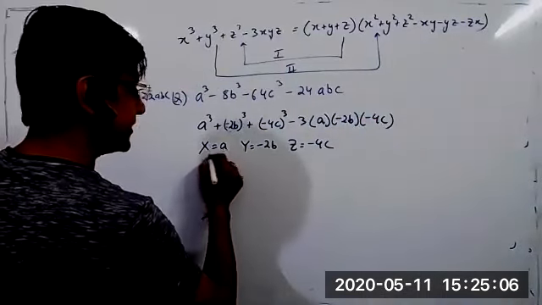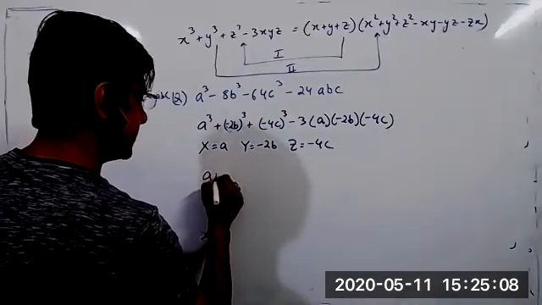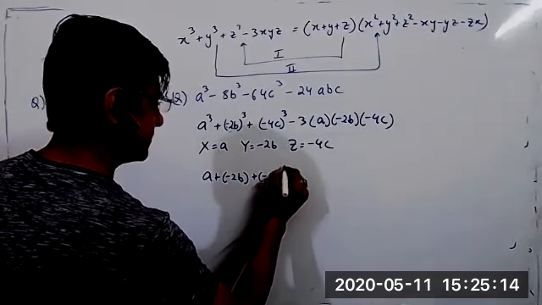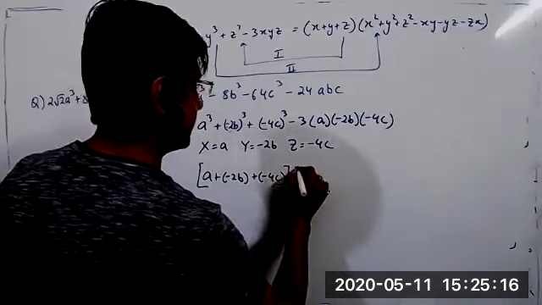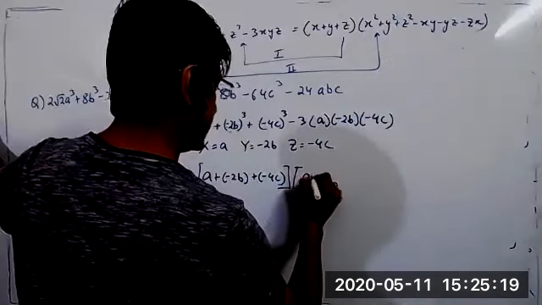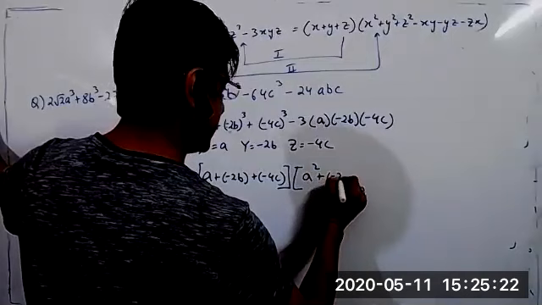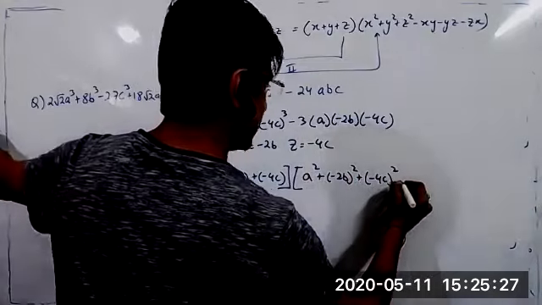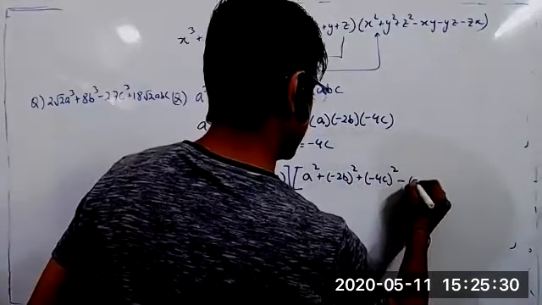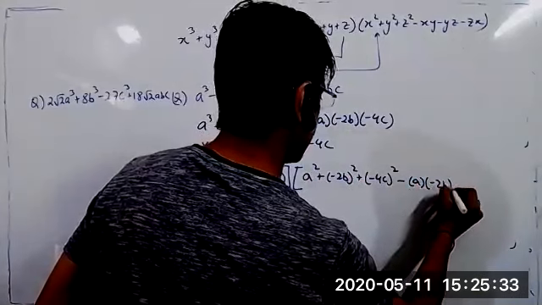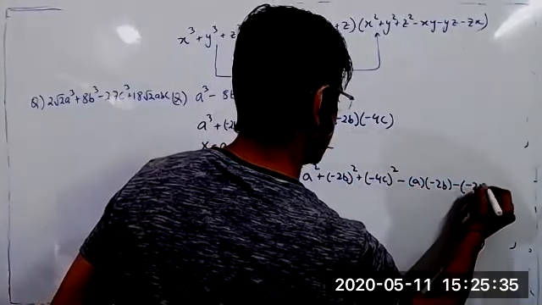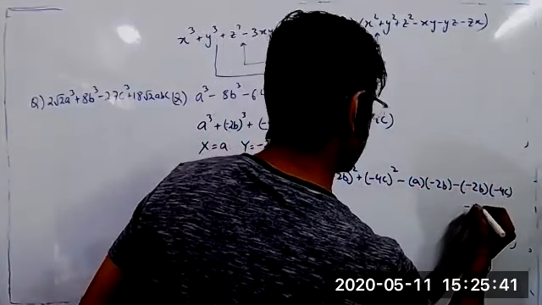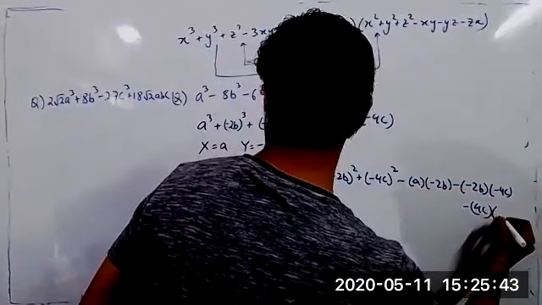So we can write x plus y plus z as a plus minus 2b plus minus 4c, into a square plus minus 2b square plus minus 4c square minus a into minus 2b, minus 2b into minus 4c, and then minus 4c into a.